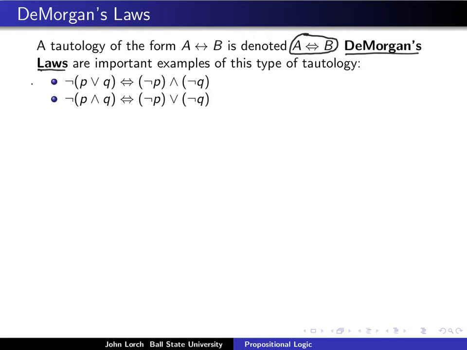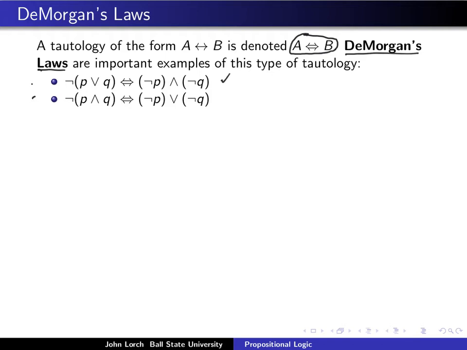The first one says that the negation of P or Q is logically equivalent to not P and not Q. And the second one says that the negation of P and Q is logically equivalent to not P or not Q.